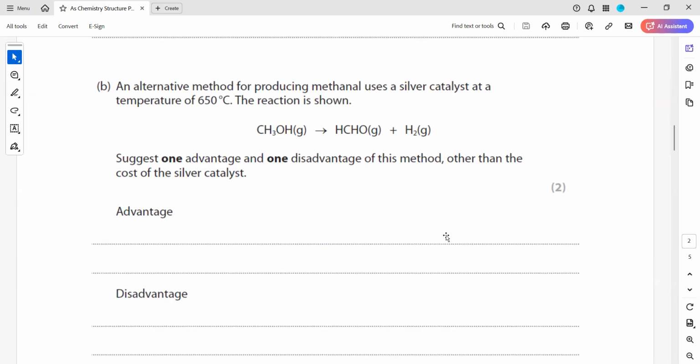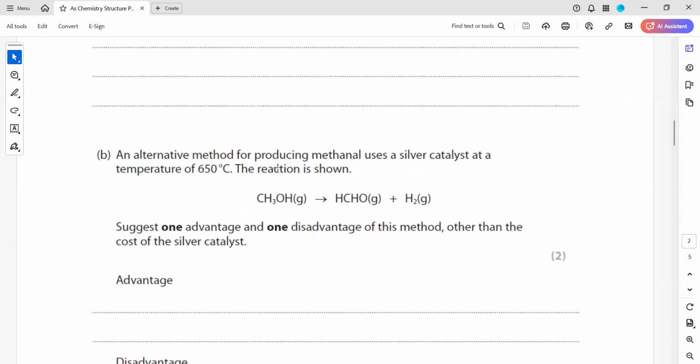And what is the advantage of using this method? Because if you are using a high temperature, if you compare the rate, the rate will be higher. As an advantage, you can also compare the products.